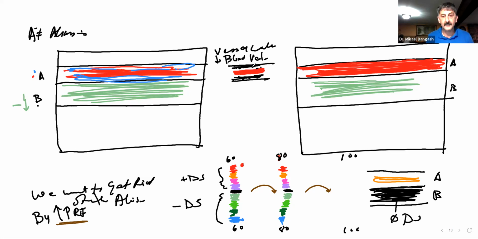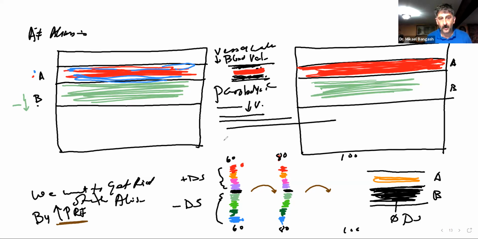Mainly because it becomes less sensitive to those lower velocities by your vessel wall, mainly because, as I said, the blood flow within blood vessels is parabolic. We had low velocities by the vessel wall, and the velocities increased as we went from the walls towards the center of the blood vessel.